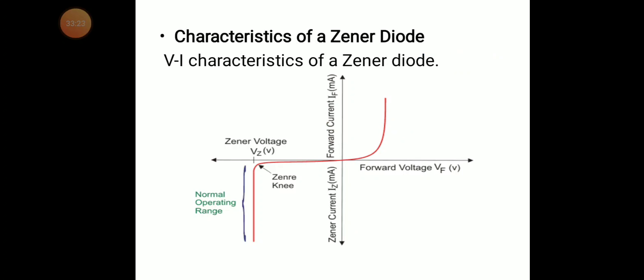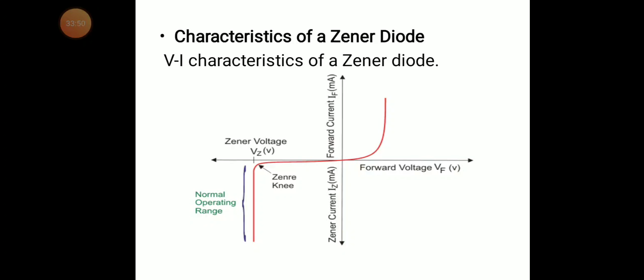You can see the characteristics of the Zener diode, how it behaves. In the forward bias, it is simply like the PN junction diode. In the reverse bias, you can see until the Zener voltage, the current is 0. After reaching the Zener voltage, the Zener breakdown, any further increase in the voltage goes into the current.